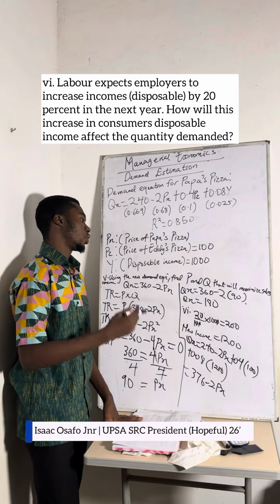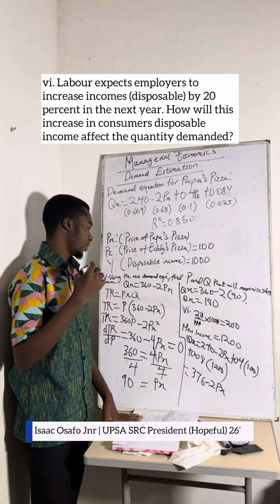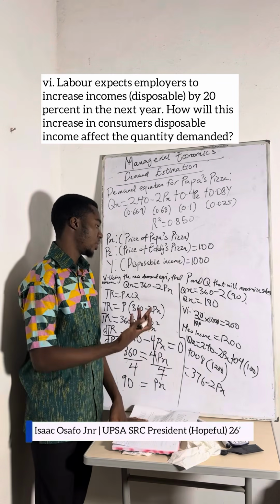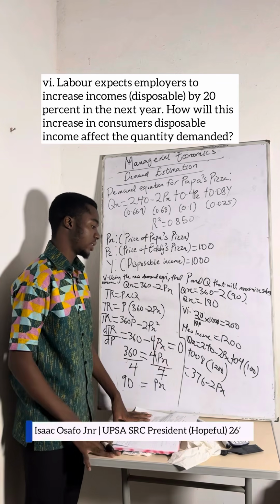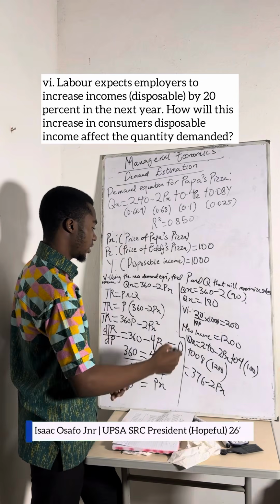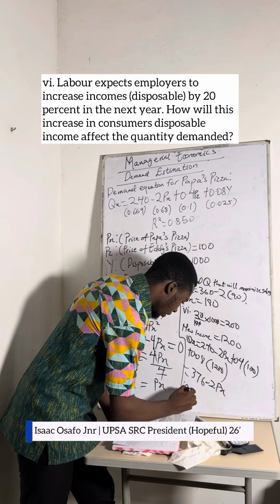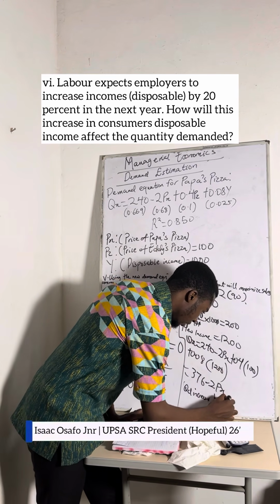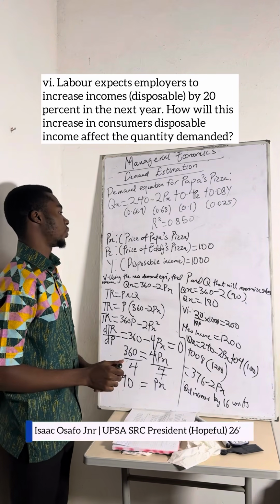So you can see that when income increases by 20%, demand increases by 16 units. You can just say that simply. You can also decide to find the change, and you'd get the same answer. Since it's moving from 360 to 376, you can just say quantity demanded increases by 16 units after income increases by 20%.